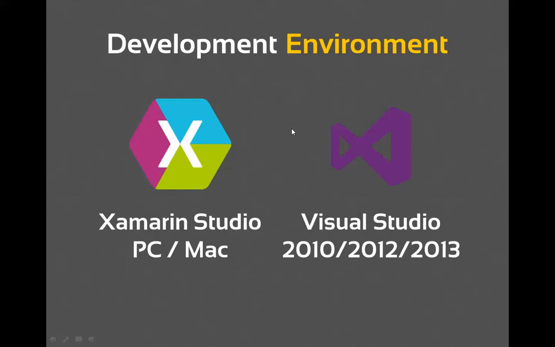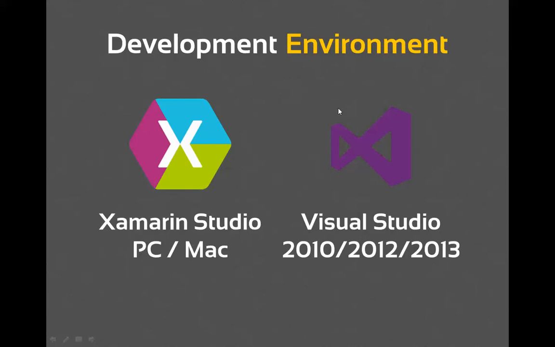And then you also have the Visual Studio plugin. You can use it in 2010 and above. However, if you want to do iOS development, you need to have a Mac build host. So you need to have some physical Mac device that you can send your code to use the iOS simulator. Or if you want to compile to your iPhone, you have to go through a Mac.